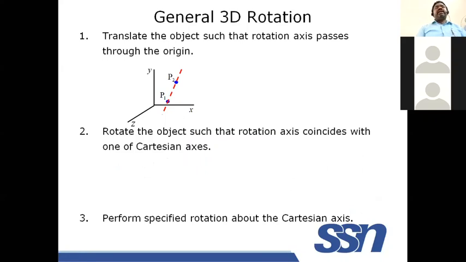Next, three-dimensional rotation. How are we going to perform three-dimensional rotation? In the previous case, it was a 2D plane, and we did rotation with respect to an axis. In 3 dimensions, we have 3 mutually perpendicular axes, x, y, and z. For instance, this is the axis of a solid. You can assume this is a square prism or square pyramid, whatever it is.